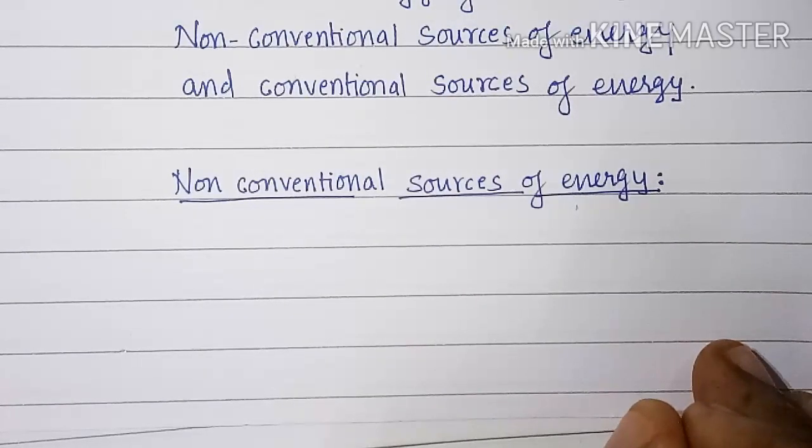These sources do not pollute the environment and do not require heavy expenditure. They are called renewable resources as they can be replenished through natural processes at a rate equal to or greater than the rate at which they are consumed.